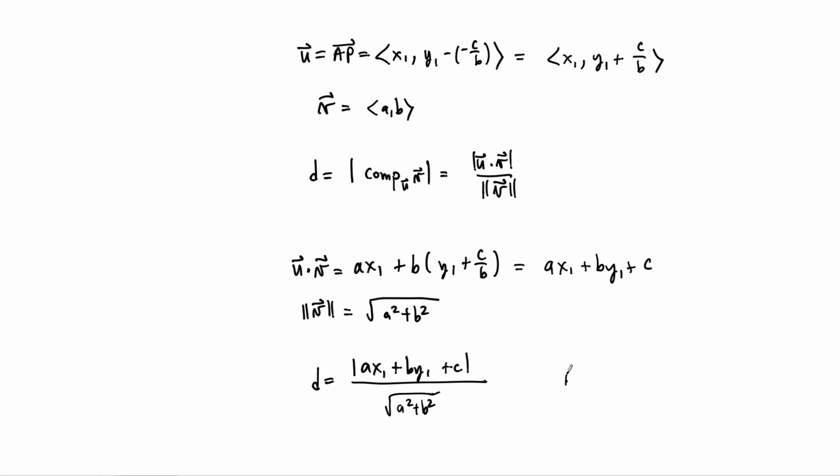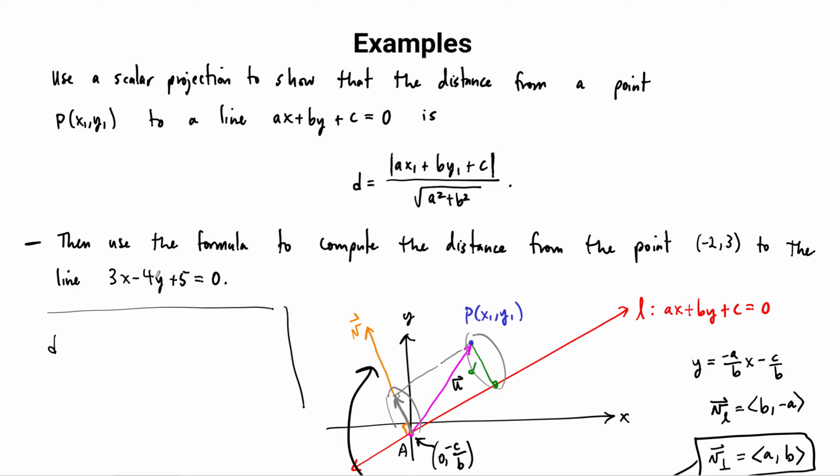So the distance for this example right here is going to be, we've got all the pieces, right? This is our x1, y1, a, b, c. So our distance is going to be the absolute value of 3 times -2 minus 4 times 3 plus 5, all over the square root of 3 squared plus -4 squared.